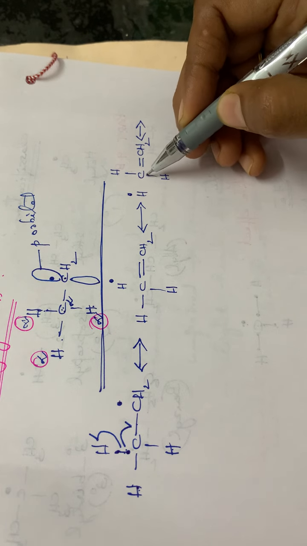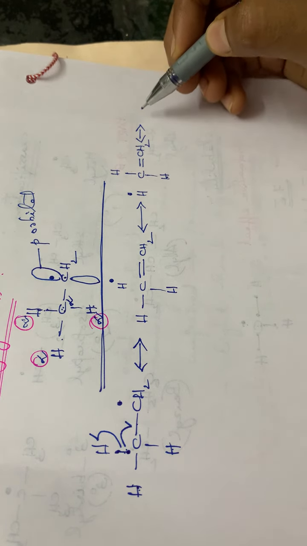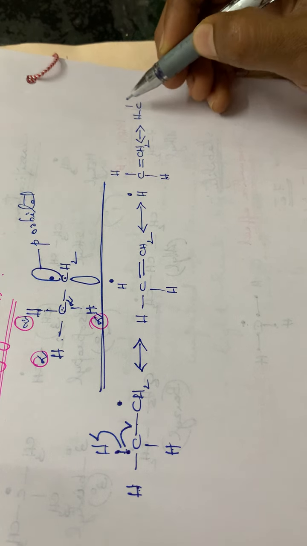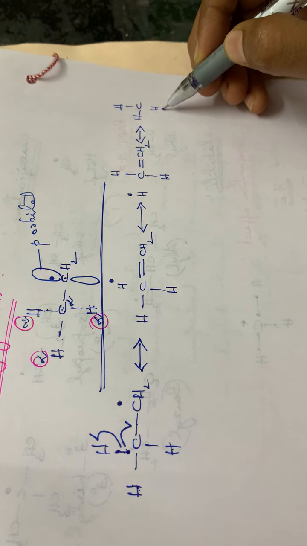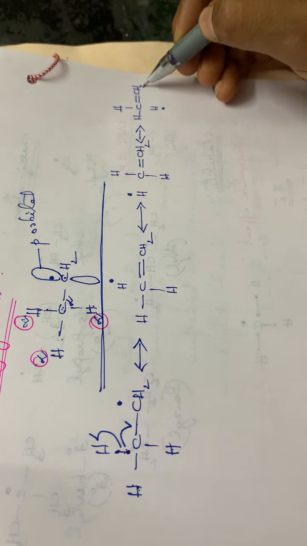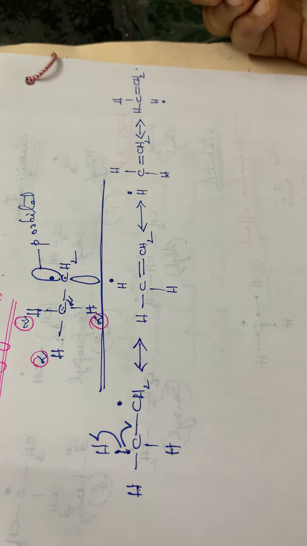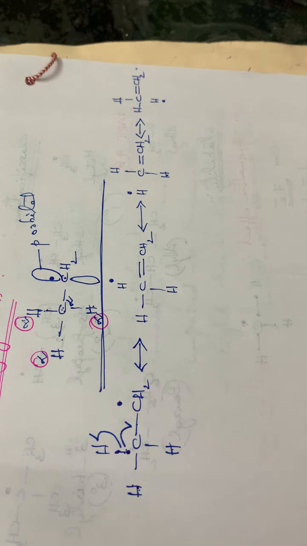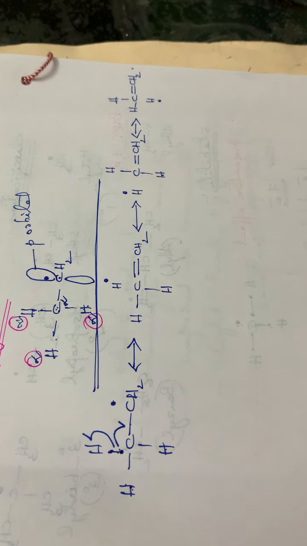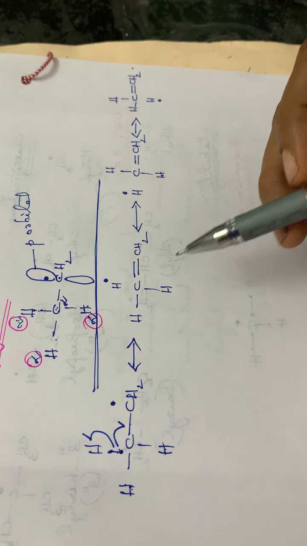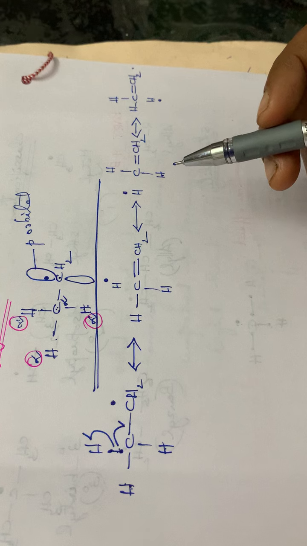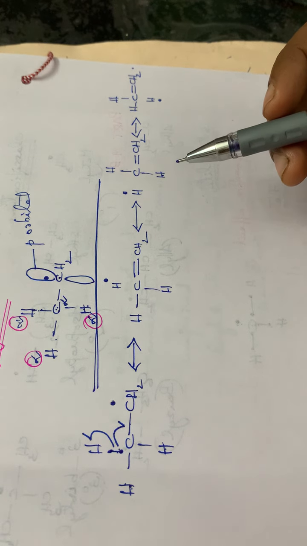Then the next one with respect to this hydrogen atom: again the double bond CH2 and H dot. This is the third hyperconjugative structure. So 3 hyperconjugative structures are there. That means it is stable.